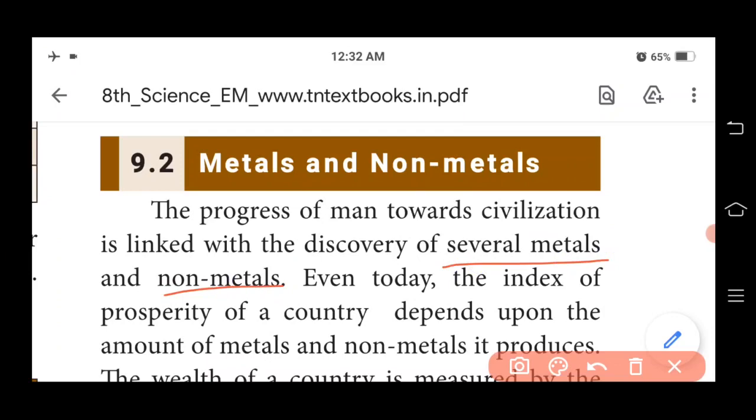Examples for metals: iron, copper, silver, gold, etc. Examples for non-metals: oxygen, hydrogen, nitrogen, etc. Even today, the index of the prosperity of a country depends upon the amount of metals and non-metals produced.